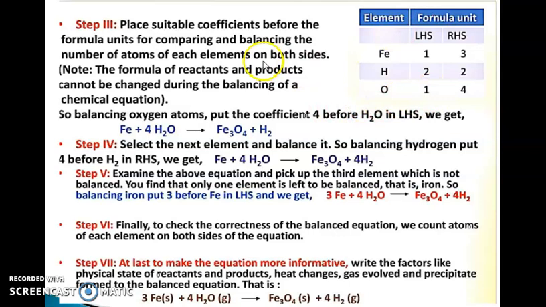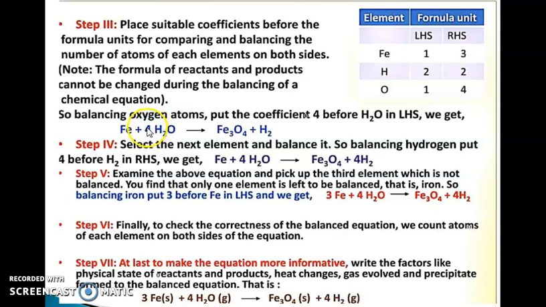What we do, we put 4 along with the water molecule as a coefficient. We have to keep in mind that whatever numeric coefficient we are going to put, it is always put behind the formula of a compound, and there is no change in the number of atoms of any chemical compound.